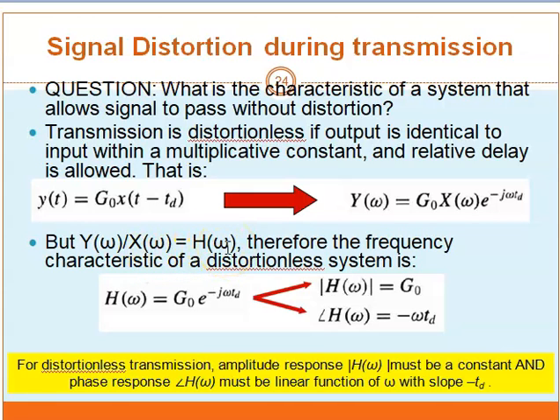Therefore, the frequency characteristic of a distortionless system is H(ω) equal to g0 e to the minus jω td. We can separate this into two: the magnitude of H(ω) is g0, and the phase of H(ω) is minus ω td.